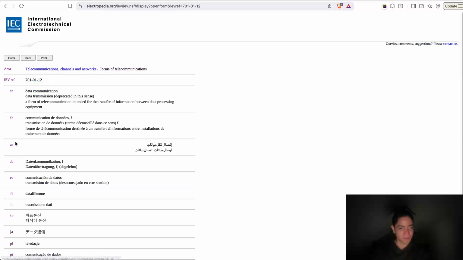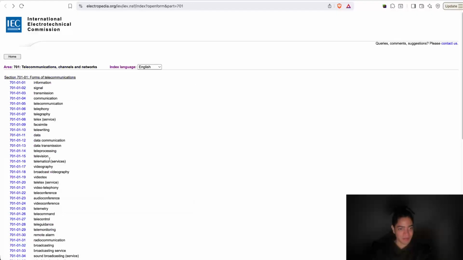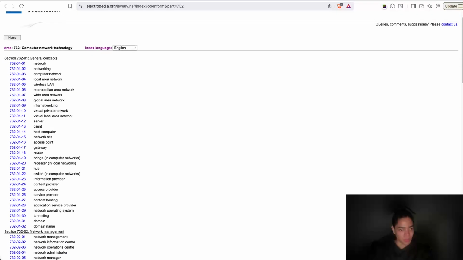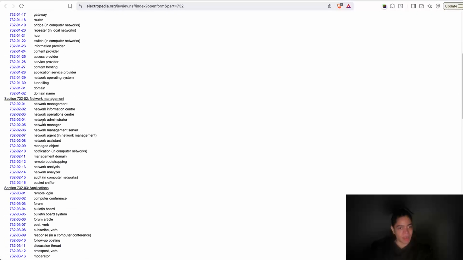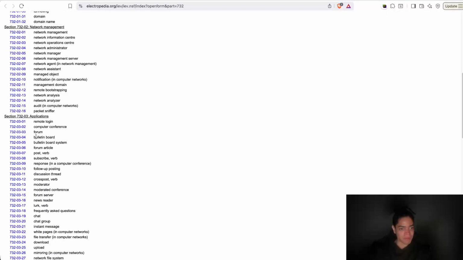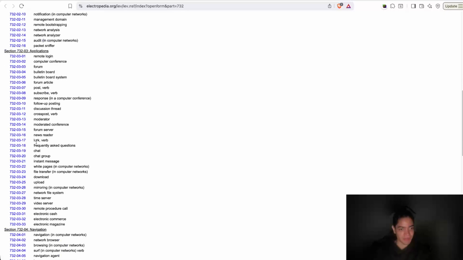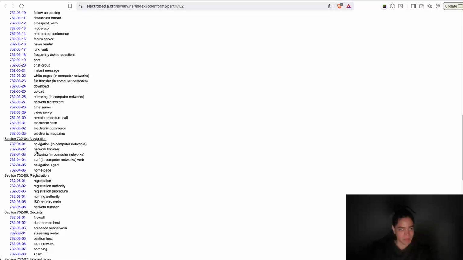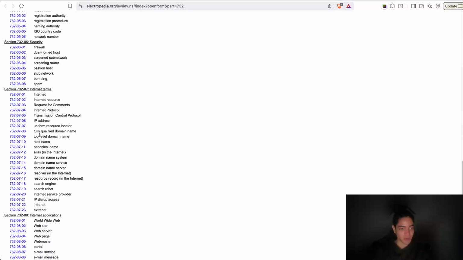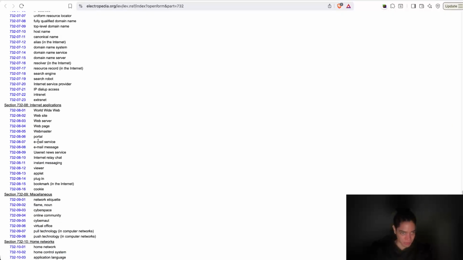Data communication: a form of telecommunication intended for the transfer of information between data processing systems. Okay, exactly. That is the Electro-wiki, bro. Network, network managers, applications, computer conferences, bulletin boards, forums, white papers, navigation, registration, security, internet terms, internet applications.